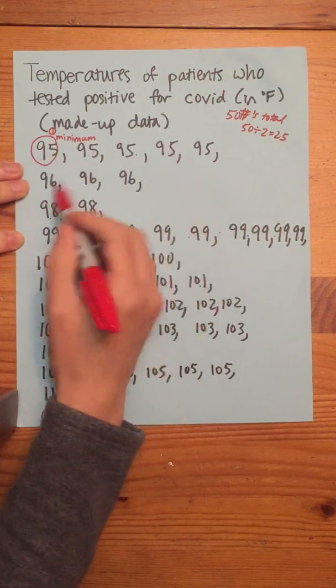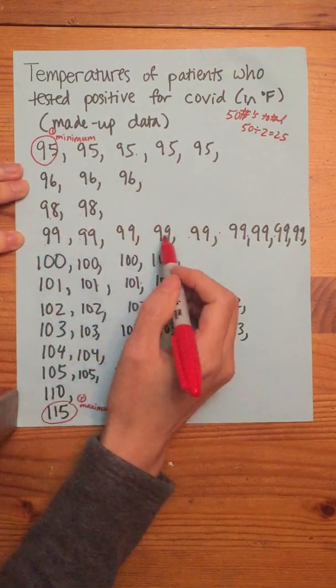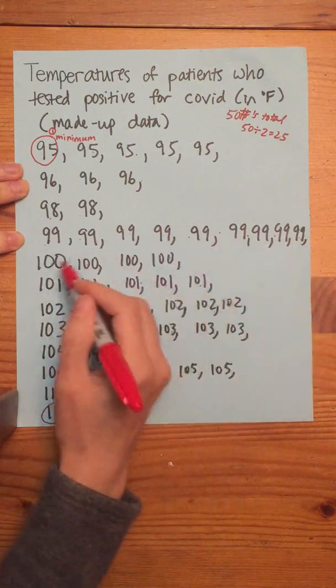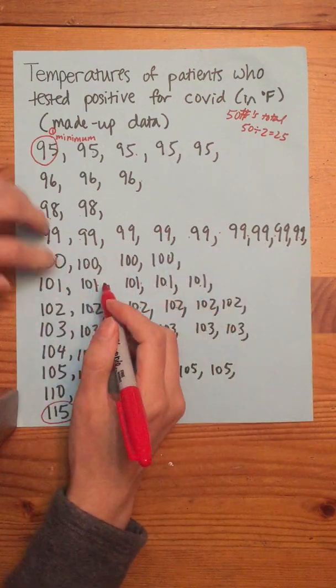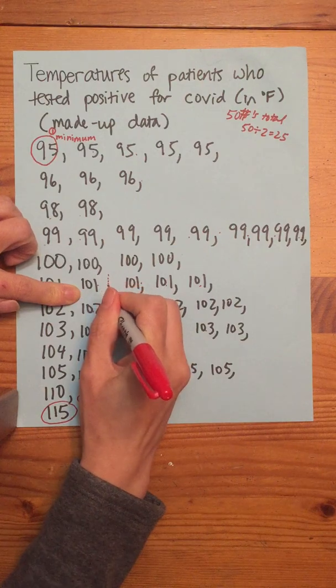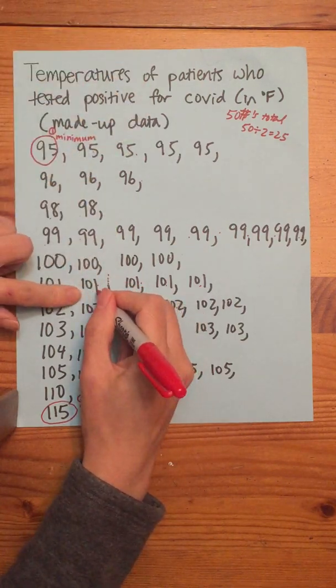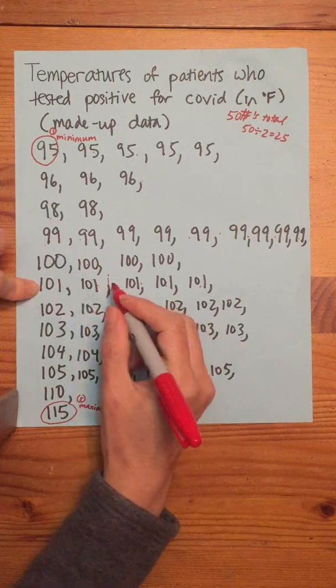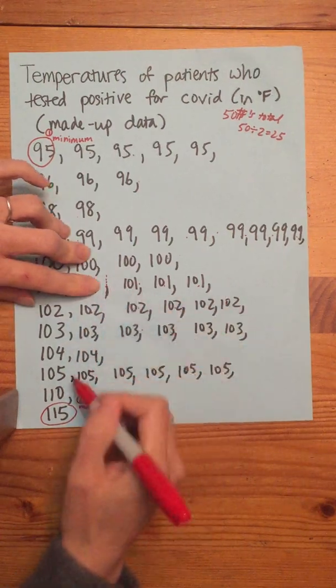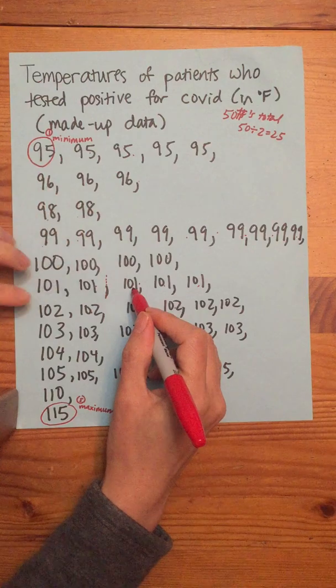1, 2, 3, 4, 5, up through 20, 21, 22, 23, 24, 25. So this is the lower 25. So the bottom 50% of the numbers goes up to 101 here, the second 101, and the top 50% of the numbers starts with the third 101 right there.